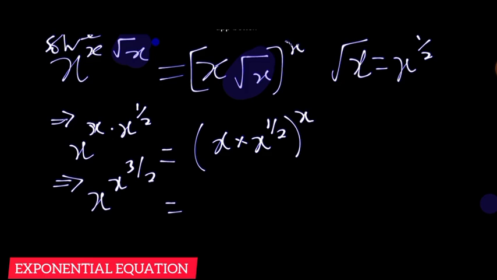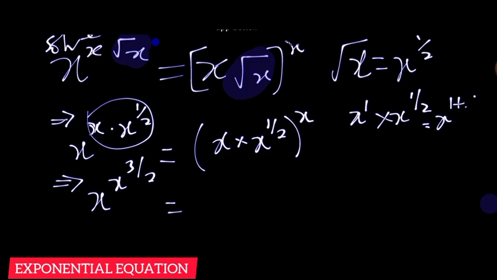This is from the law of indices, because we have x to the power 1 multiplied by x to the power 1 over 2. You can see that the bases are equal, so we add the powers together, and that is going to be x to the power 1 plus 1 over 2, and 1 plus 1 over 2 gives us 3 over 2. That's how we have this one here.